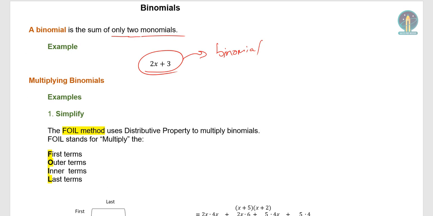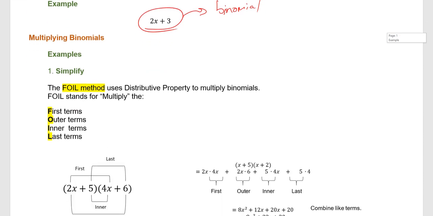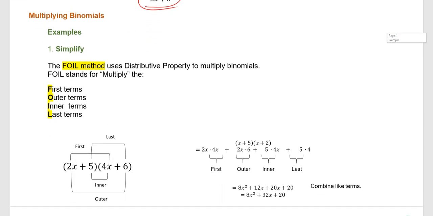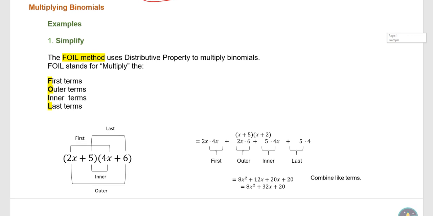Now, multiplying binomials together is a very common operation that will show up in the upcoming concepts. The most common method that we use to do this is called the FOIL method, which essentially uses the distributive property to multiply binomials.